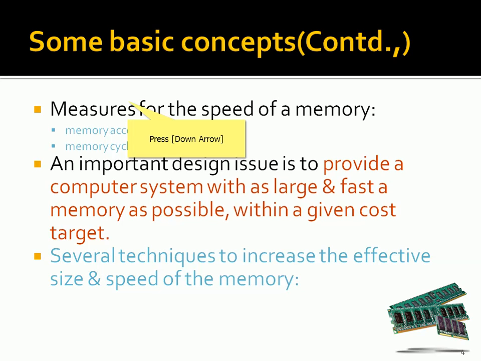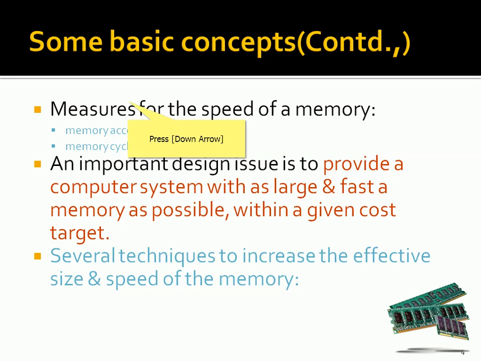That is why there is a mismatch between the processor and memory. The system designer should adjust that mismatch, which can be done with the help of the cache memory concept. The size can be adjusted with the help of the virtual memory concept.